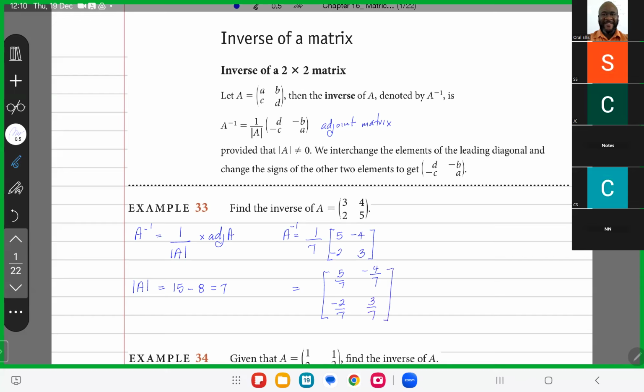What I just did is multiply the matrix by 1 over 7. Whenever you multiply a matrix by a number, you multiply every element in the matrix by that number. Multiplying by 1 over 7 is the same as saying divide by 7.